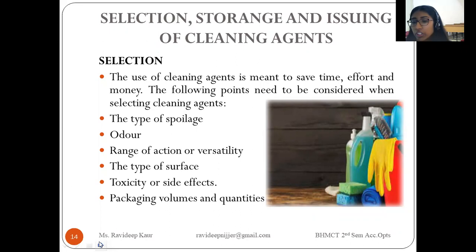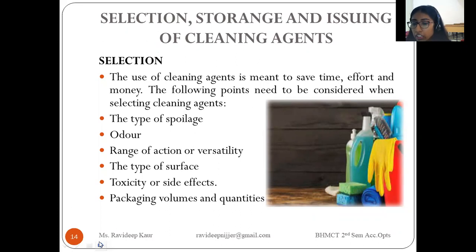any cleaning agent which should not be used on, for example, let's say that if you choose furniture polish and you use it on the metal surface, it would have some side effects, because that is not the exact cleaning agent which is meant to use on the metal surfaces.